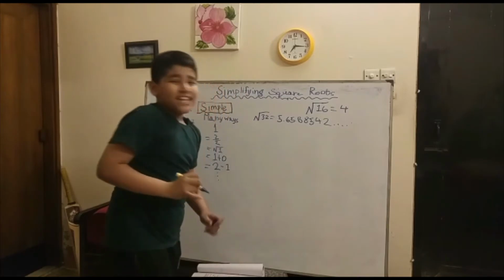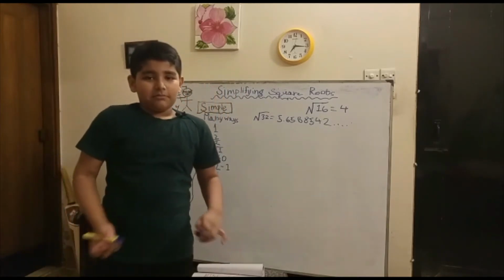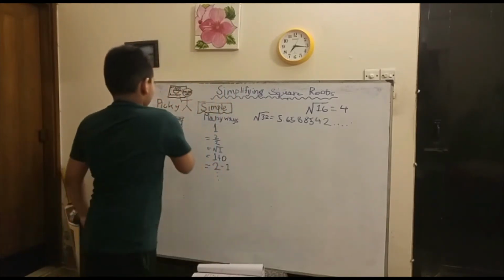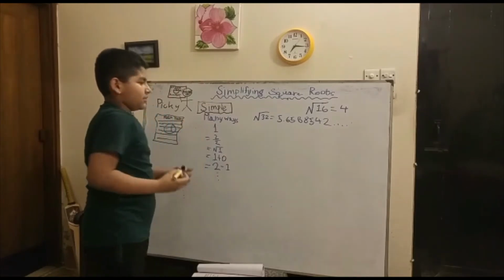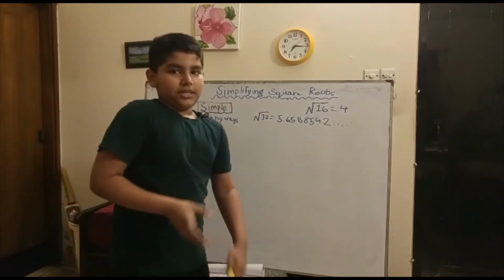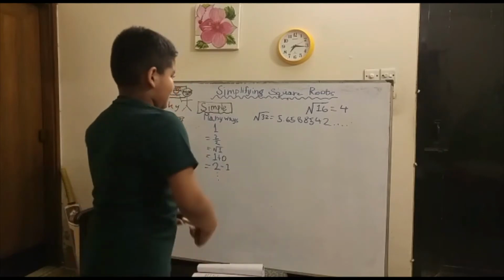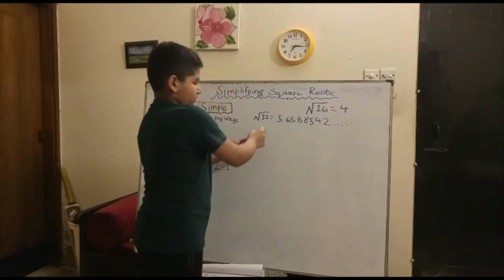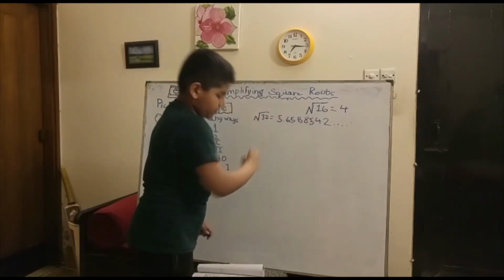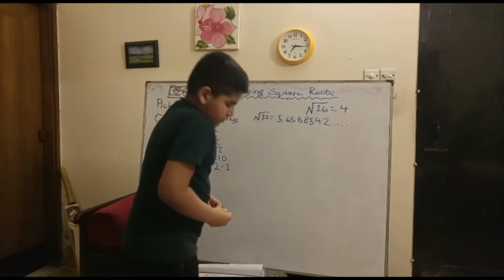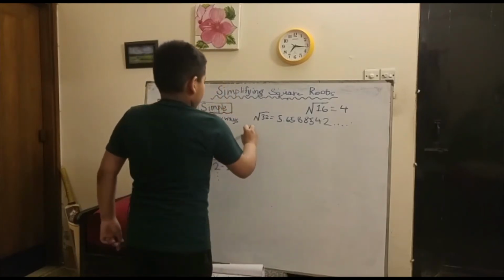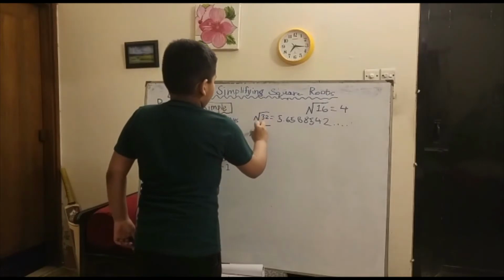So that is definitely not a simplified way, because you can't write these forever and then you would go outside the paper, which is ridiculous. You cannot do that because it's an irrational number. So what we can do is simplify how we express them.